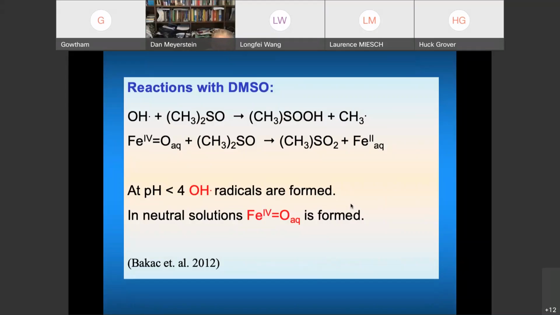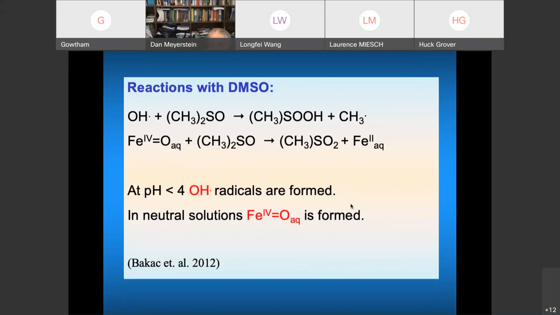Here is now a technique developed by Professor Andrea Bakak in 2012, and she said the following. She showed, or we knew, that hydroxyl radicals react with dimethyl sulfoxide to form methyl radicals.